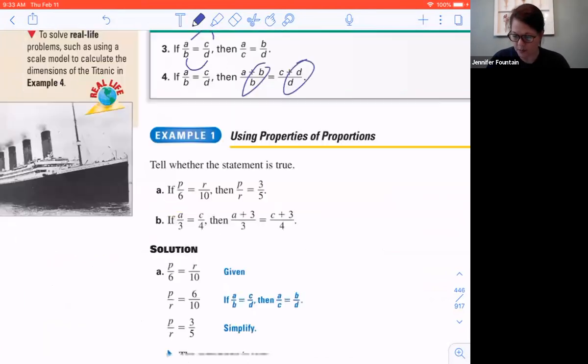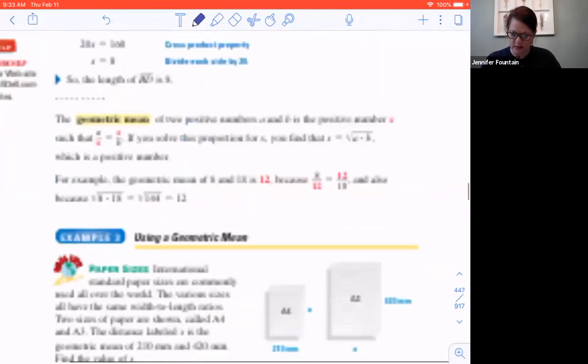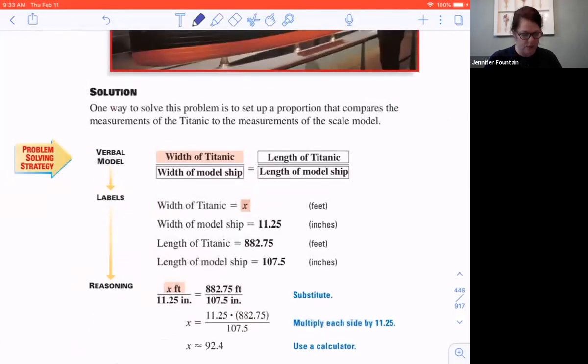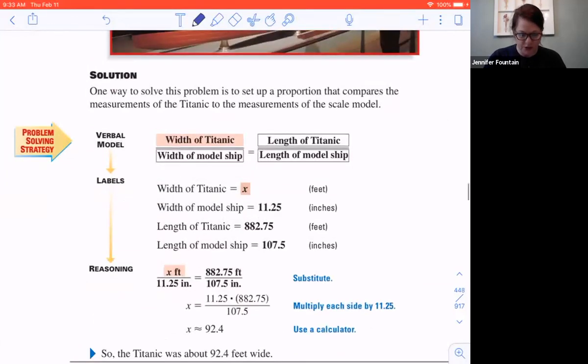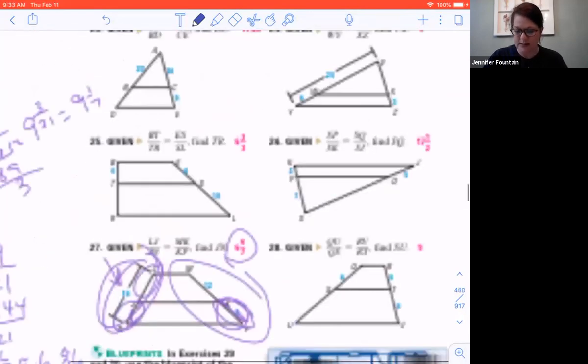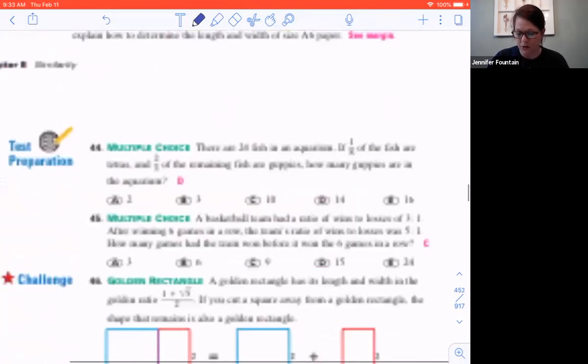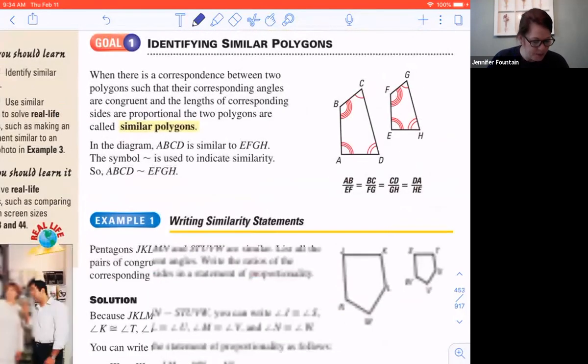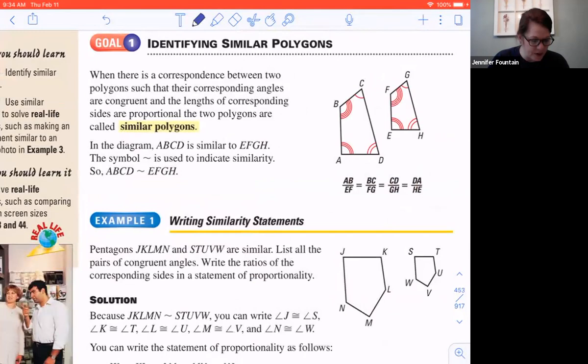We're going to keep on moving. Go to page 473, similar polygons. Remember we learned that similar polygons are going to have sides that are proportional and angles that are congruent. So remember, my angles are going to be congruent, but my sides are proportional.